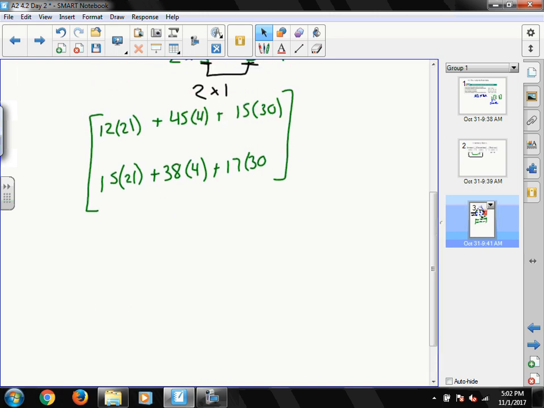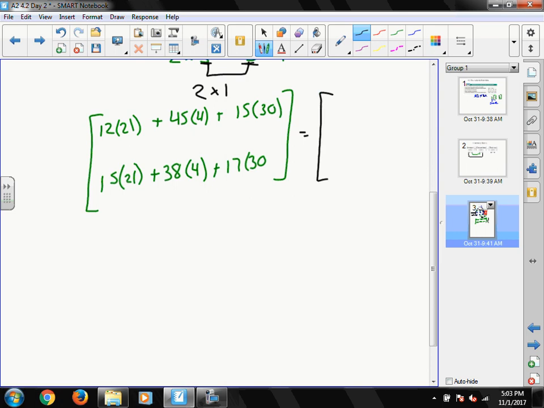So then, if I multiply and add this out, 12 times 21 plus 45 times 4 plus 15 times 30. You guys can all punch that into your calculator. That's going to give me 887.